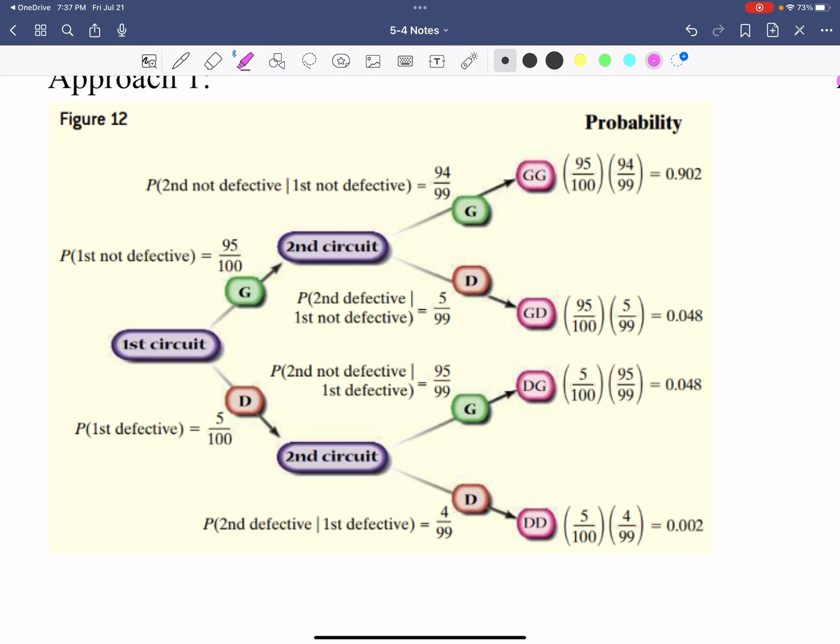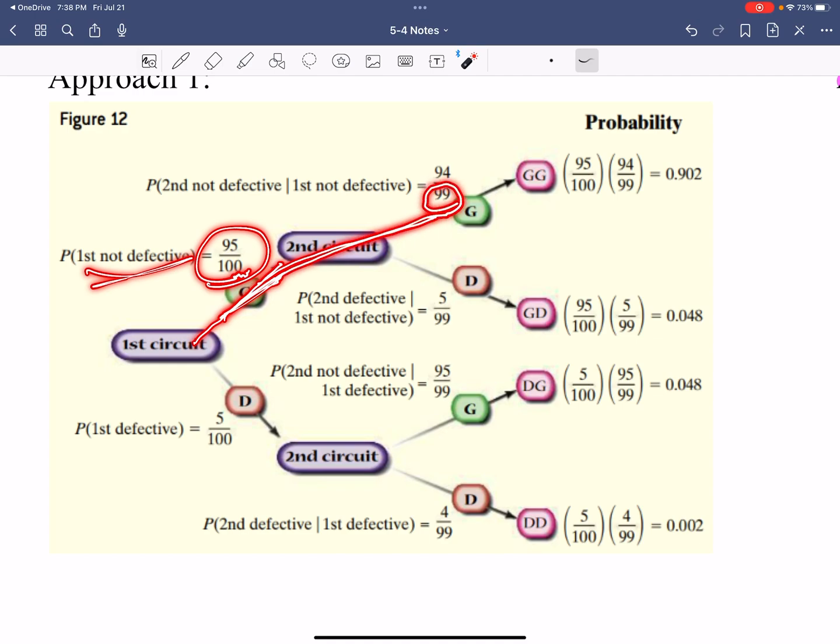So if I have my first circuit, right? It's out of 100, and then 5 are defective. So I know that the first one is not defective is 95 out of 100 because we know 5 are defective. So if we're good with that, once I pull my second circuit, if the first one's good and I pull my second circuit, there are only 99 left to choose from and 94 good ones because I pulled the first one already.